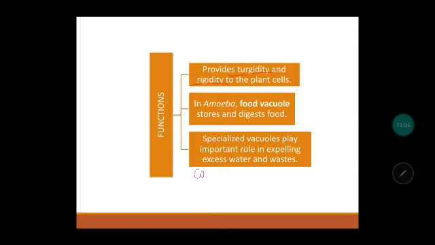These types of vacuoles are sometimes termed contractile vacuoles. So we are looking at three important functions of vacuole. It gives turgidity, meaning strength to the plant. In amoeba, there is a food vacuole which helps in digestion of food. And in certain other unicellular organisms, there are contractile vacuoles. They help in getting rid of excess waste from the cell, and excess water is expelled out of it.